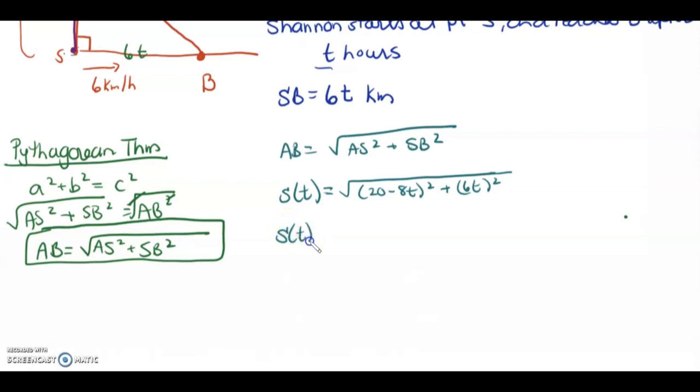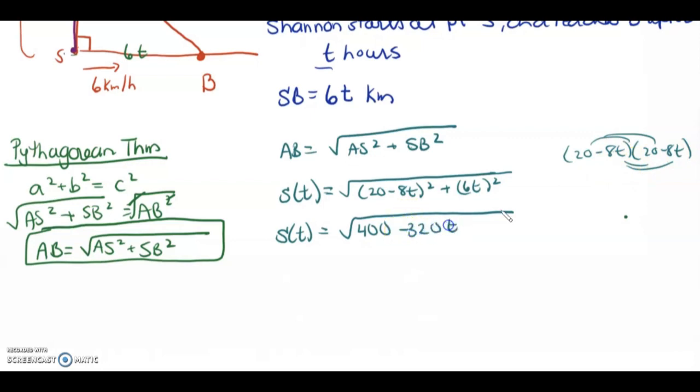Now let's expand this first. I want to expand everything underneath this root sign. When we expand the (20 minus 8t), remember we're not just squaring each of these components, we're actually doing (20 minus 8t) times (20 minus 8t), just showing you on the side of the paper. It's going to be a trinomial. 20 times 20 is 400. 20 times negative 8 is negative 160, but we take two of those, so minus 320t.